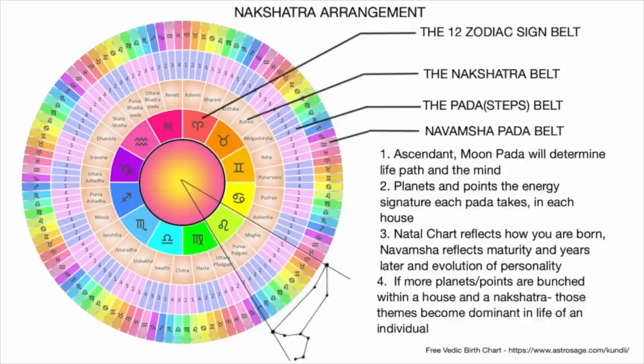Each step or pada alters the nature of our life themes that play out for us individually, according to the ruling sign, the ascendant, the moon placement, and all the rest of the planets, the house placement, etc.